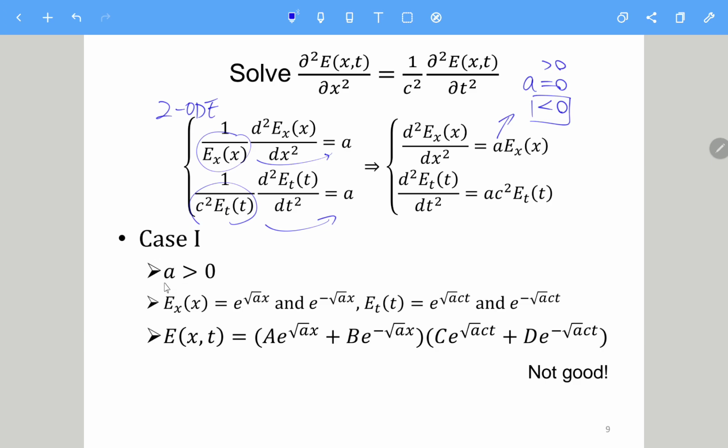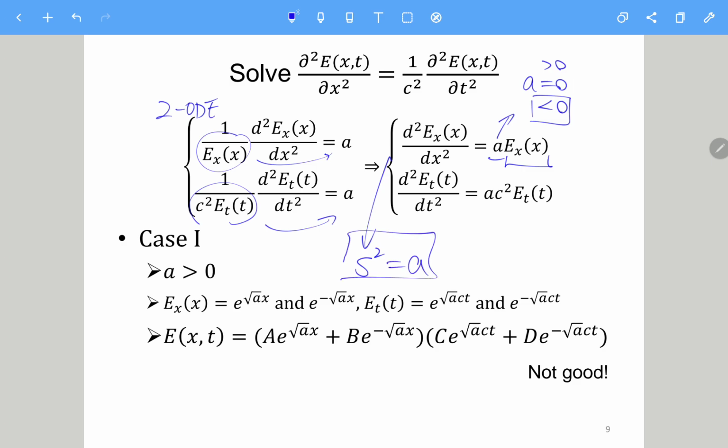The first case is if a is larger than 0. Then you can write out the characteristic equation. For the second derivative, we change it to s squared, and a is a positive value, so s squared equals a.